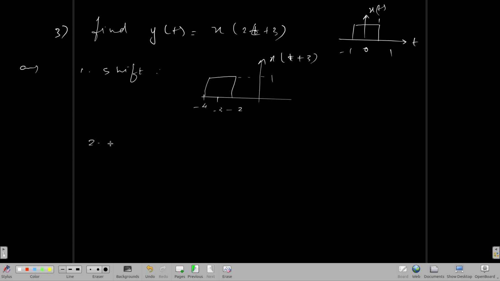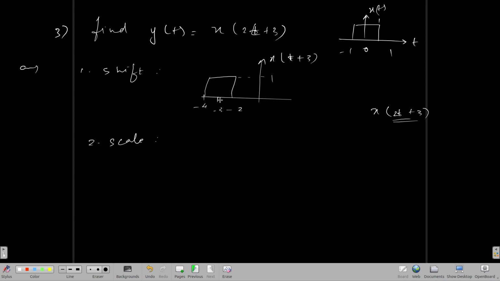Okay. The second part is scale. Now we have to scale x of t plus 3, right? We are scaling means we are multiplying this t with 2. So let's see. That means this is greater than 1, so the signal will shrink by 2.